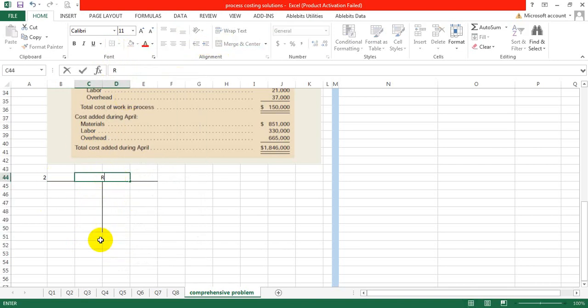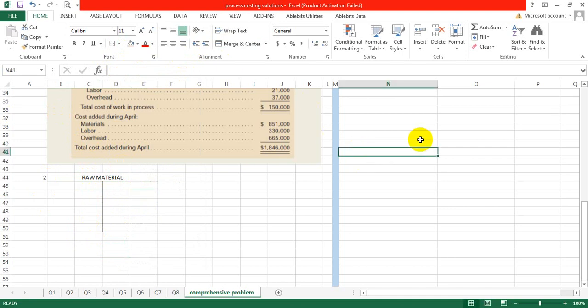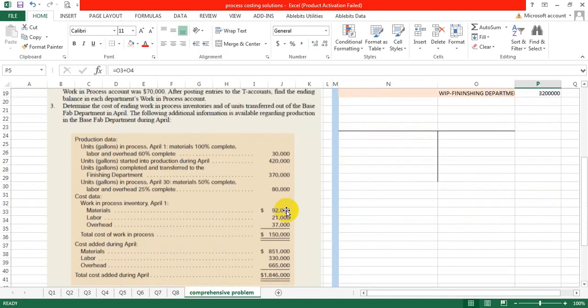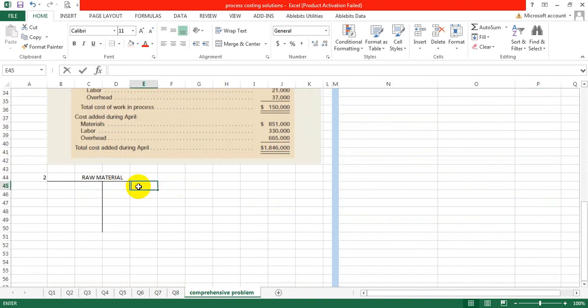Raw material. In raw material T account, we have seen that the total raw material credited is 14,80,000, right? So we will write here 14,80,000. There's no beginning balance in inventory, 0. Balance beginning is 0.